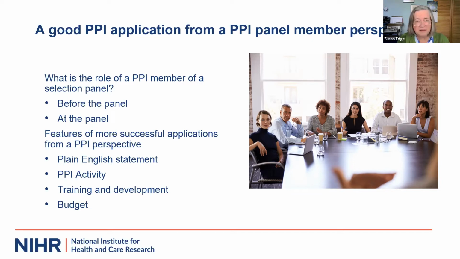Well, that's brilliant and well done, but it would be really helpful if you accounted for that in your narrative about your patient and public involvement activities. So here are some observations based on the research applications I've looked at, how you can shape your patient and public involvement to make these sections most effective in your application.